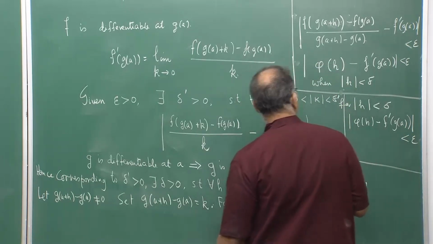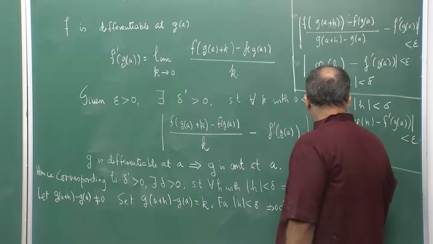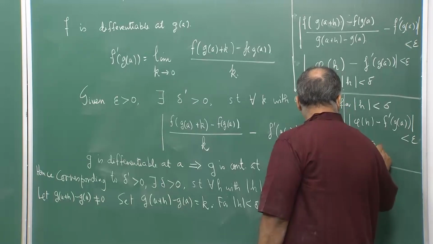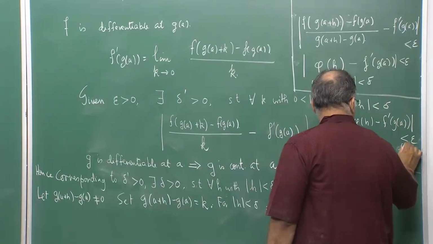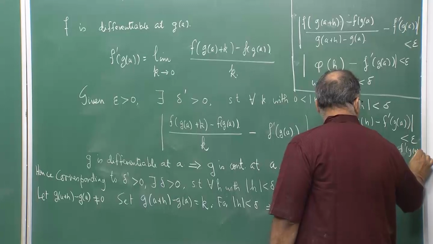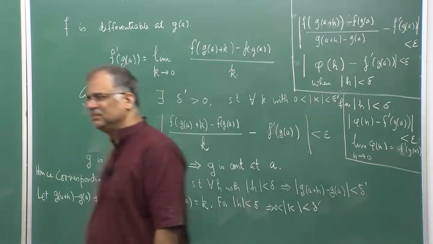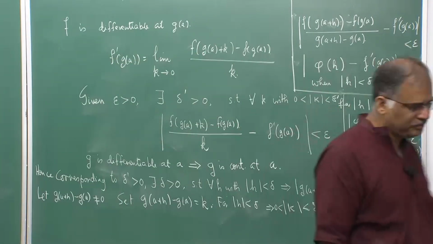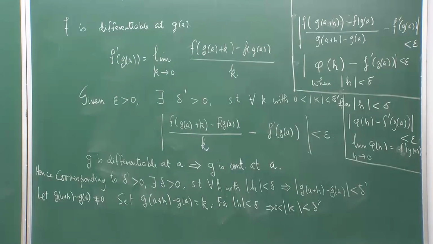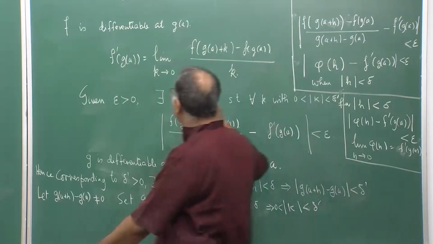It doesn't matter, this is true. So what I have proved is that the limit of phi(h) as h tends to 0 is f dash of g(a). This is the crucial step by which you overcome the fact that g(a+h) - g(a) could be 0. So now I will finish the rest of the proof, which is not difficult.